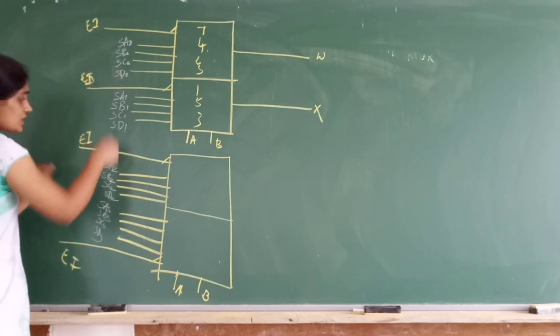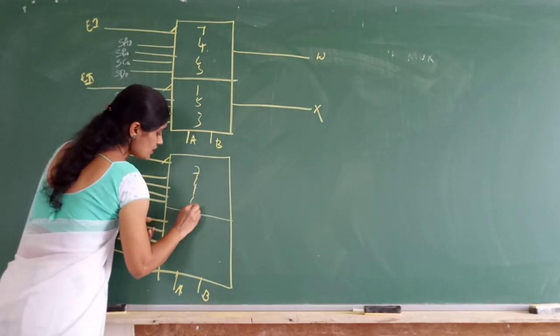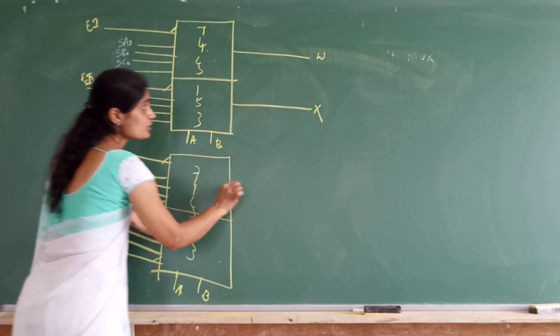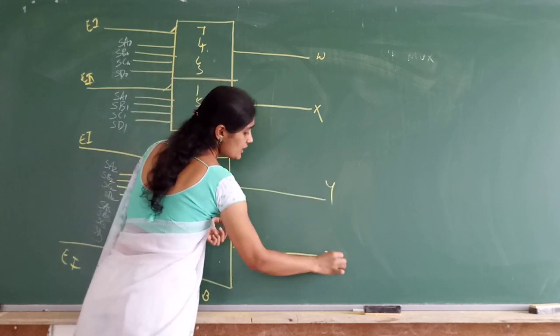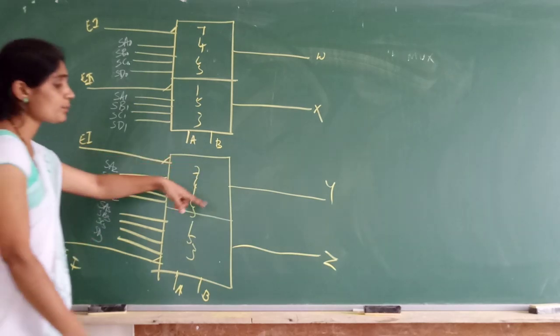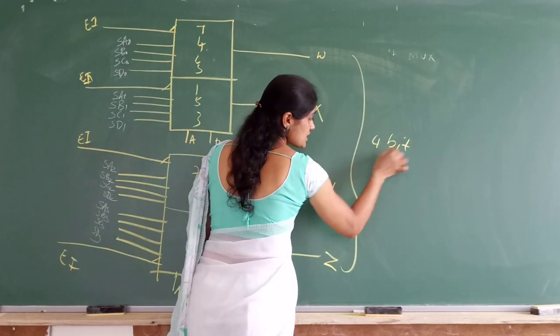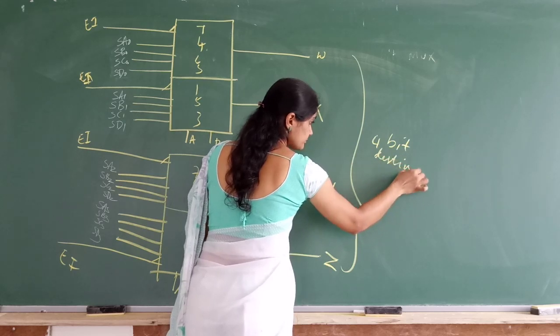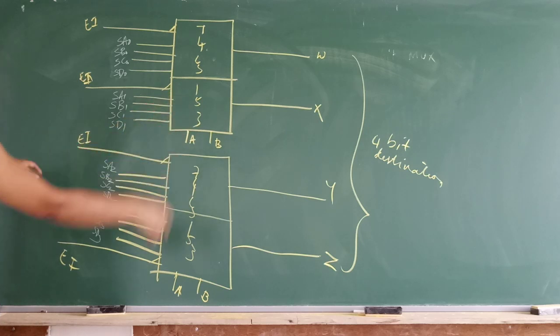So these are the inputs we have. This is also a 74LS153. Here also I will get one more output line. Let me call it Y and this Z. So how many output lines do we have? 4 bits. So 4-bit destination. For this multiplexer, I will be getting 4 outputs.